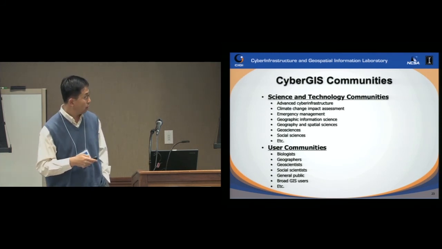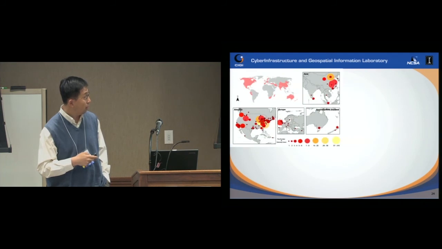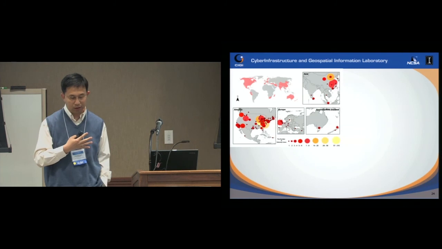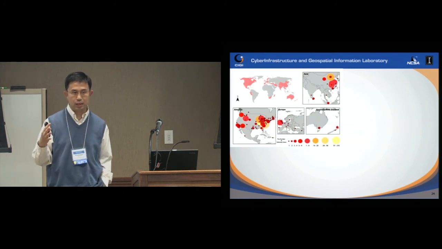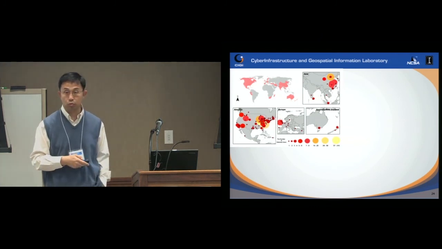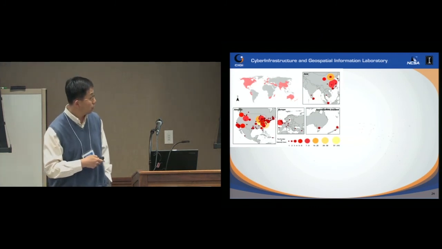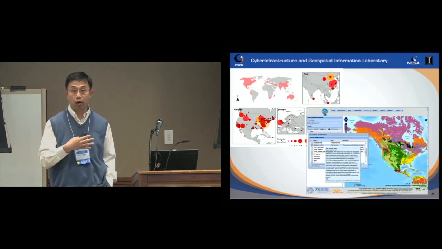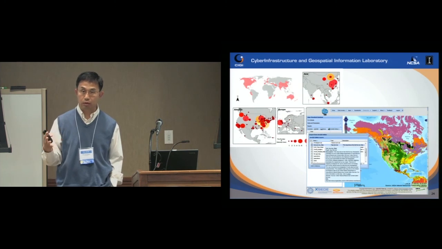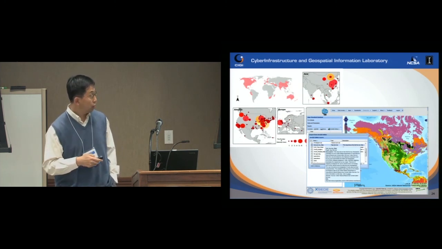this redistricting optimization problem. One of the utilities created in the project is called CyberGIS Gateway, an online environment accessed by multiple science communities. These are the user distributions of this tool we've created, and this tool is also interoperable with ArcGIS Online, the popular commercial tool from ESRI.